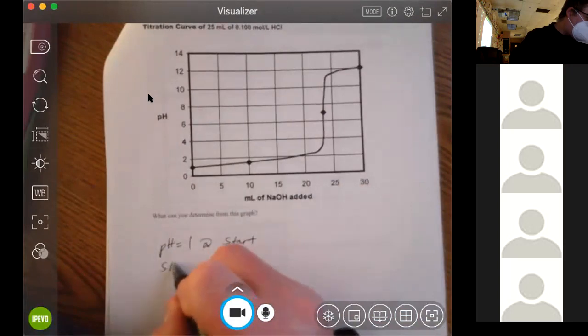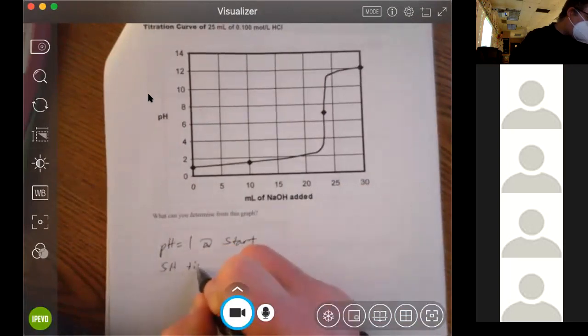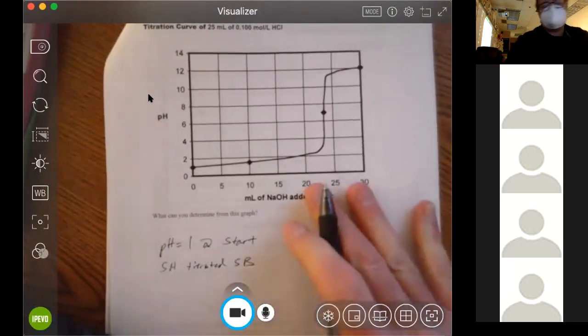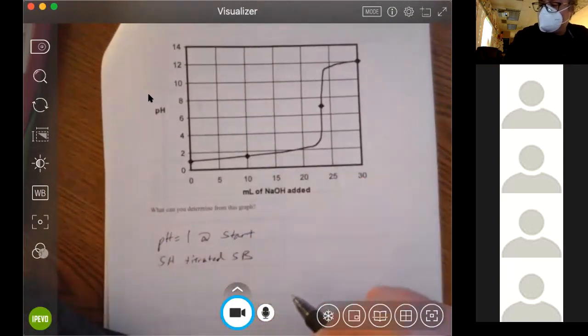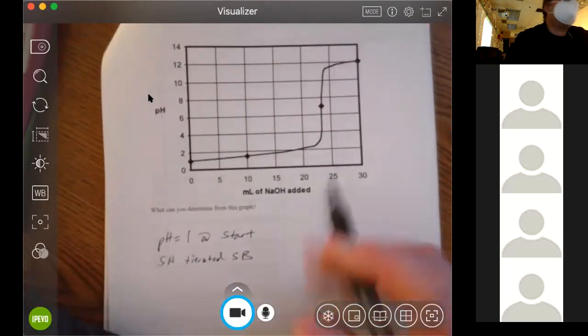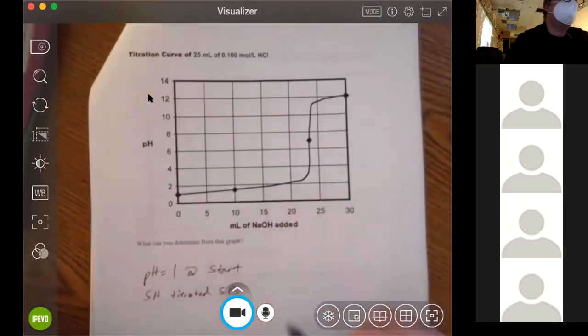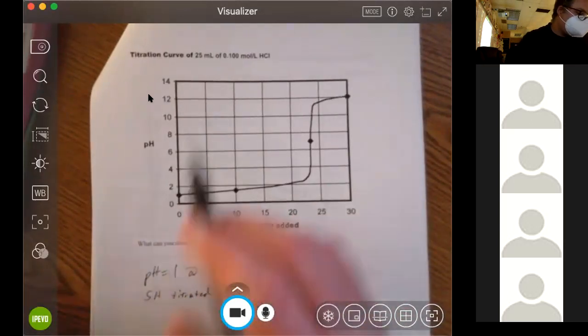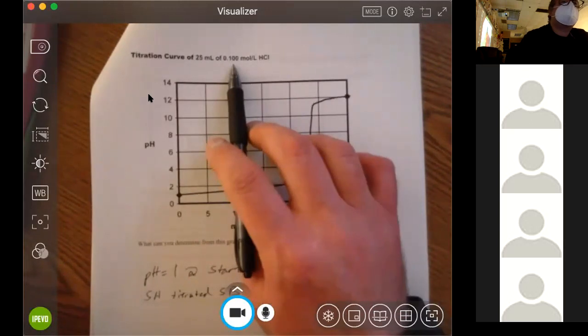We have a strong acid being titrated with a strong base. These are some things we can figure out. What else? What's our initial concentration of HCl? Right up here.